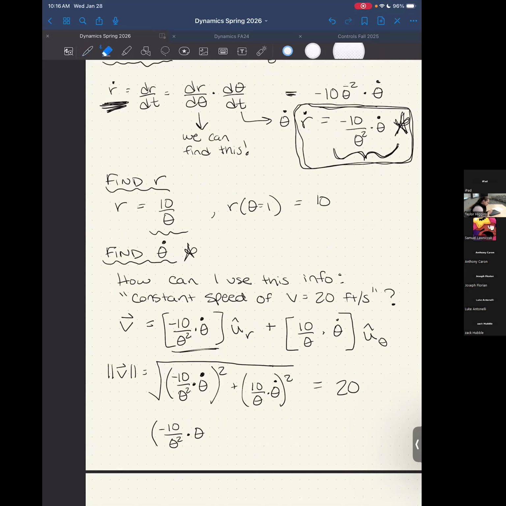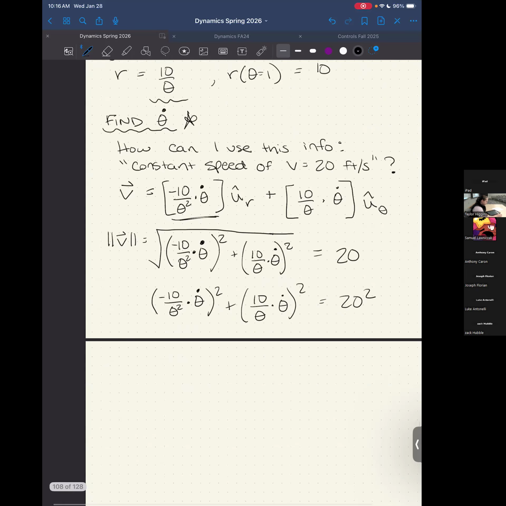Let's see. Negative 10 over theta squared times theta dot, squared, plus 10 over theta times theta dot, all squared, equals 20 squared. All right, we're gonna have to square these terms. So I've got 100 over theta to the fourth times theta dot squared plus 100 over theta squared times theta dot squared equals 20 squared.